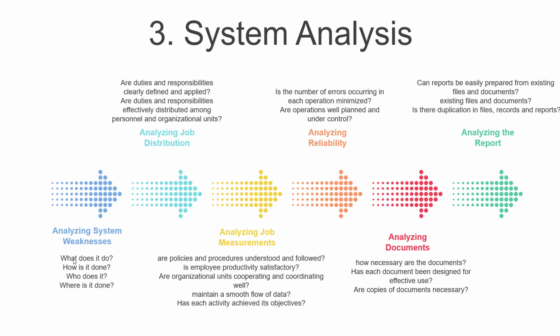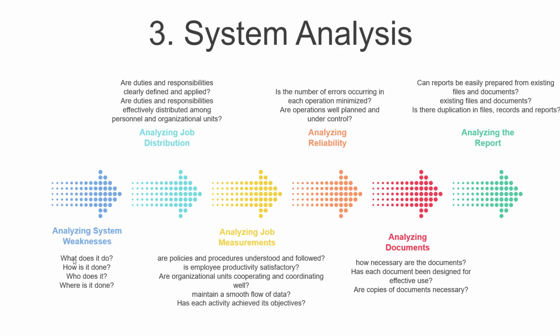Maybe the answer for not understanding and following is the system. Is employee productivity satisfactory? Maybe they don't have some system. With the system, maybe we can get employee satisfaction. Are organizational units cooperating and coordinating well?